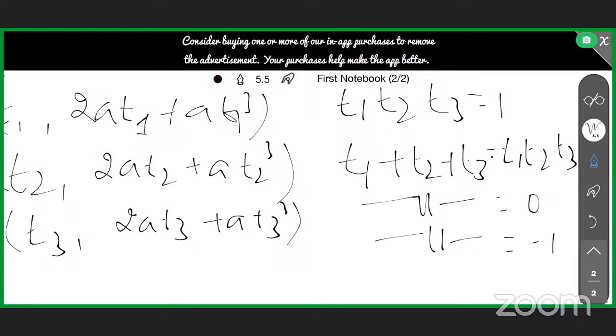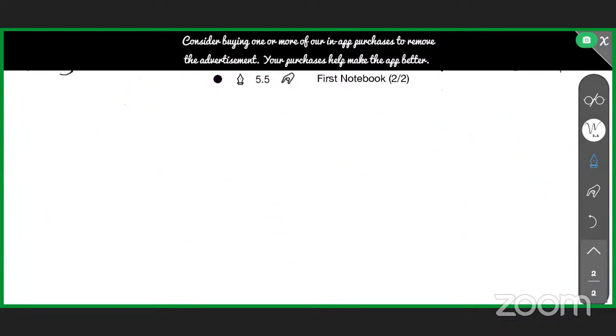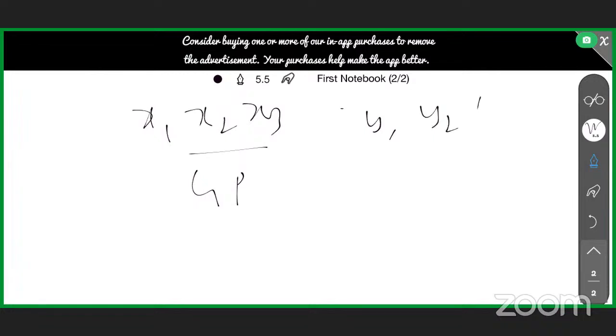Okay, you can read the question. If x1, x2, x3 and y1, y2, y3 are in GP, these are two different sets of terms. These x1, x2, x3 are in GP, and y1, y2, y3 are in GP.